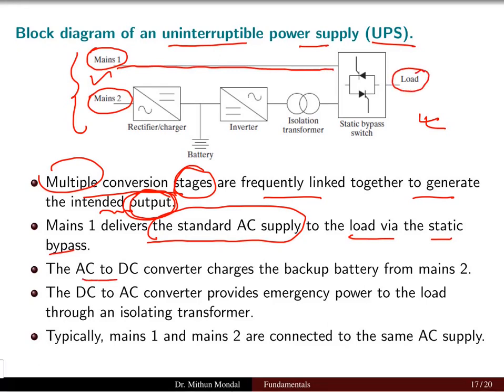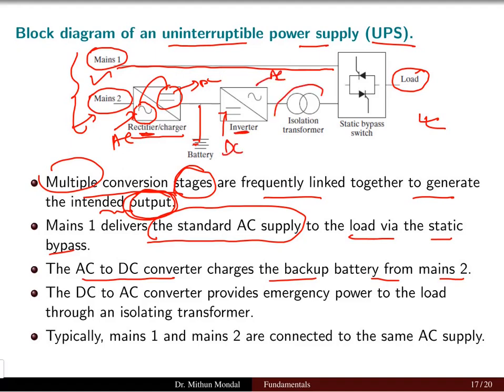The AC to DC converter charges the backup battery from mains 2. Here you can see one device where you are giving a sinusoidal signal in the left part, so this is basically AC, and here you have the straight line, so this is DC. This AC to DC conversion is a rectifier operation. Then you have some battery operation here. Here you have the DC to AC conversion, which is the inverter operation.